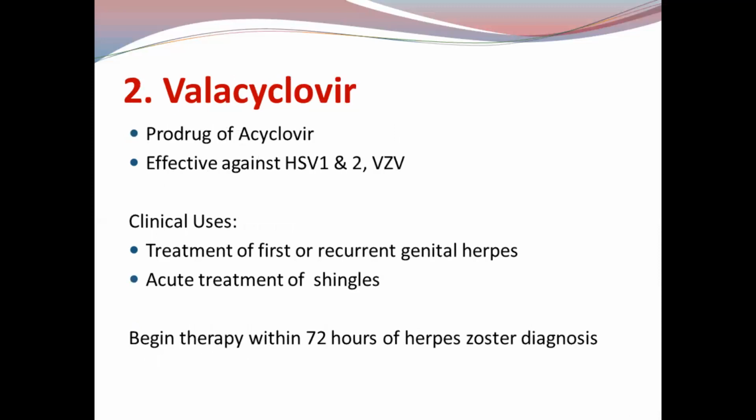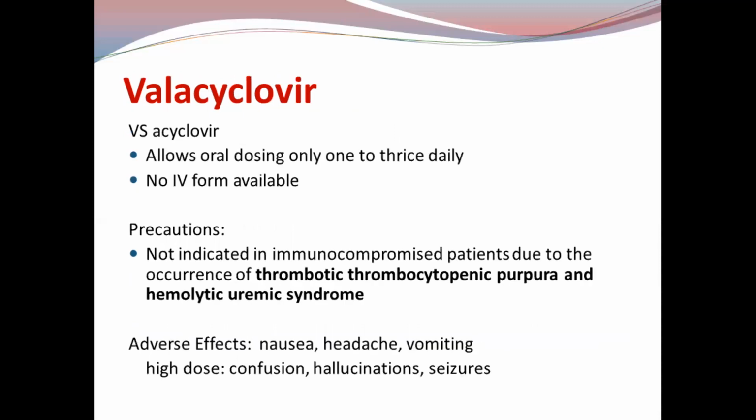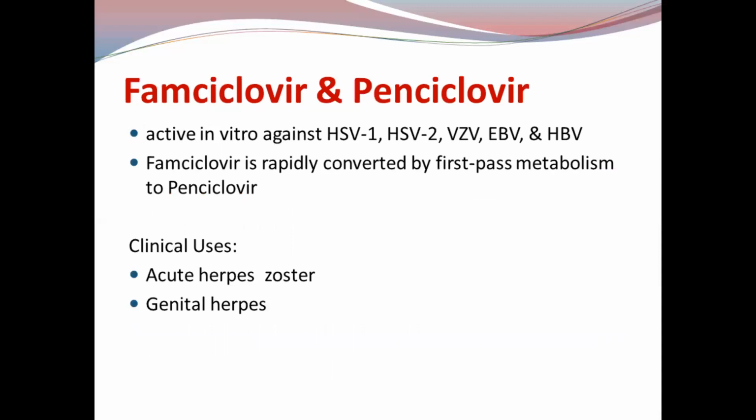Valacyclovir is a prodrug of acyclovir. No? So pwede ito bigay for herpes zoster. Pero ang available lang dito is acyclovir. Famciclovir and penciclovir. So famciclovir is rapidly converted by first-pass metabolism to penciclovir.